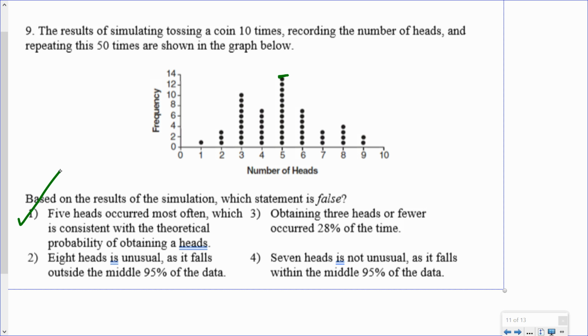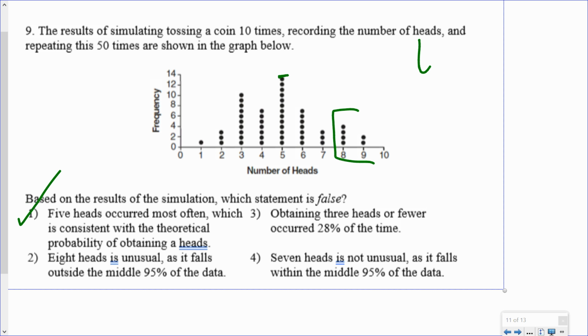8 heads is unusual as it falls outside the middle 95%. So there's no mean and standard deviation here to calculate the confidence interval. But here's what we would do. 8 would fall here. So we're going to look at 8 and then everything more extreme, everything past it.